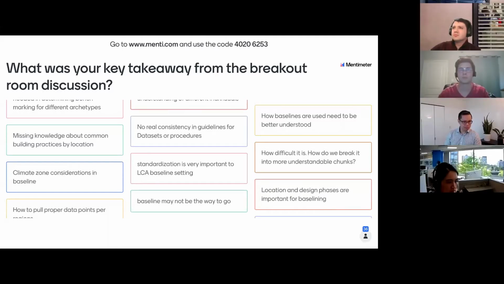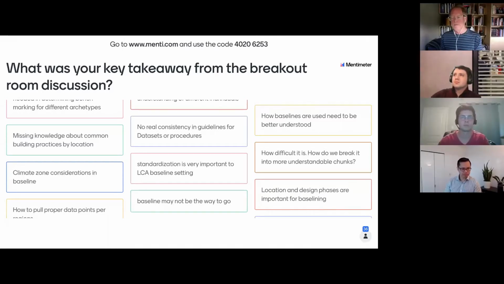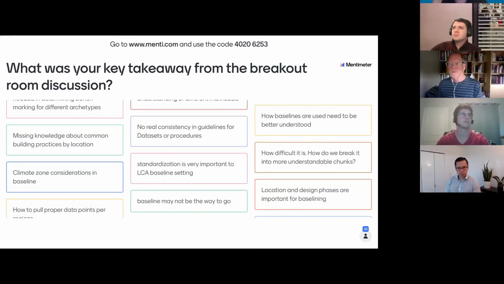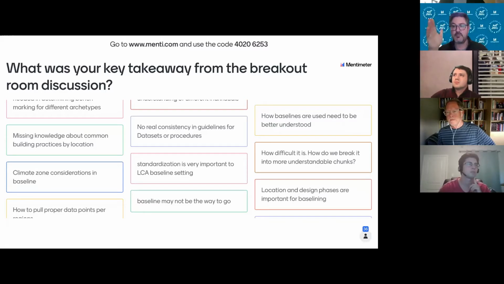Anyone else? Oh, Matt? Yeah, the way I think about baselines is more along the lines of how it's structured in LEED, in that the baseline is an imaginary building that is never going to be built that offers the same functionality as the building that is being built at the time that it's being built.